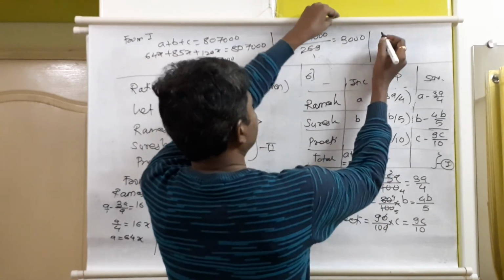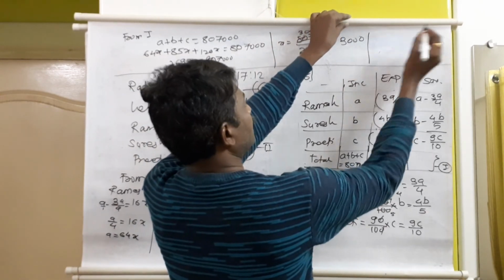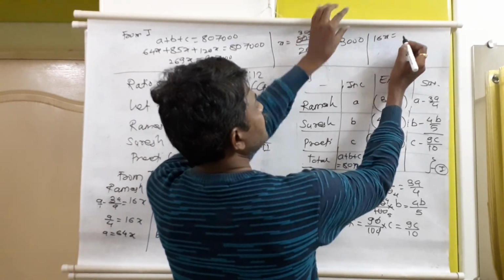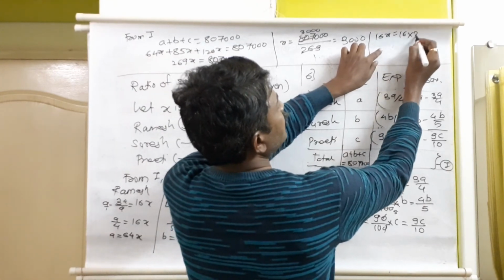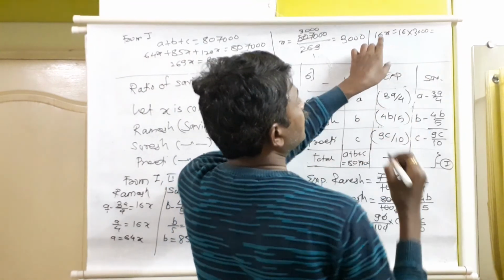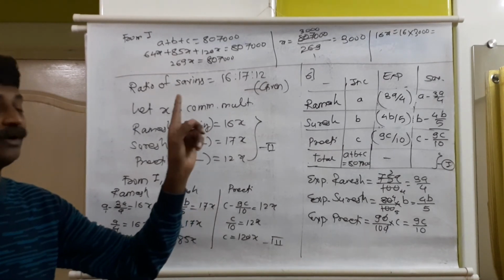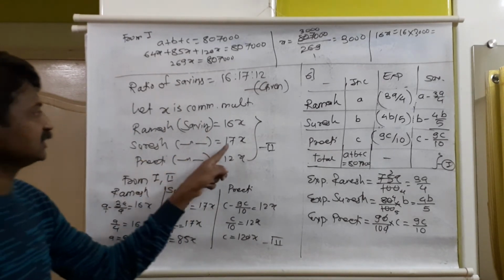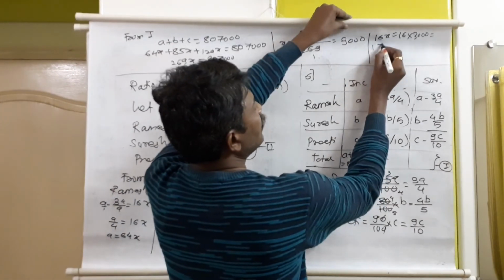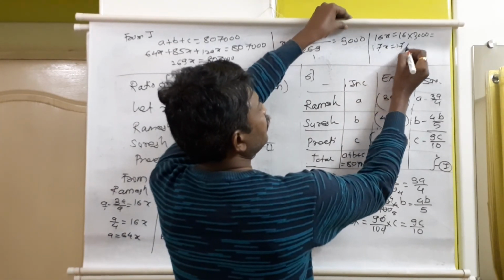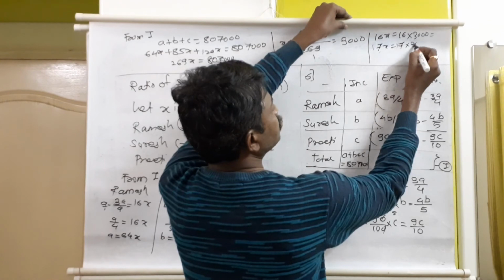So for the final answer, you can write saving of Ramesh, that is 16x is equal to 16 into 3000. The answer will come 16 3s are 48,000 rupees saving for Ramesh. For Suresh, saving is 17x. 17x is nothing but 17 into the value of x, 3000.